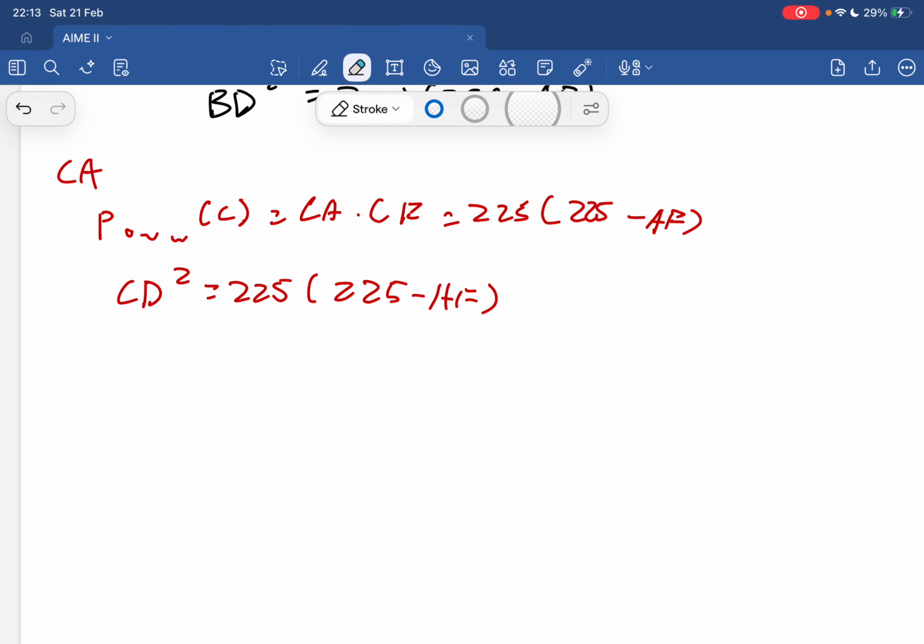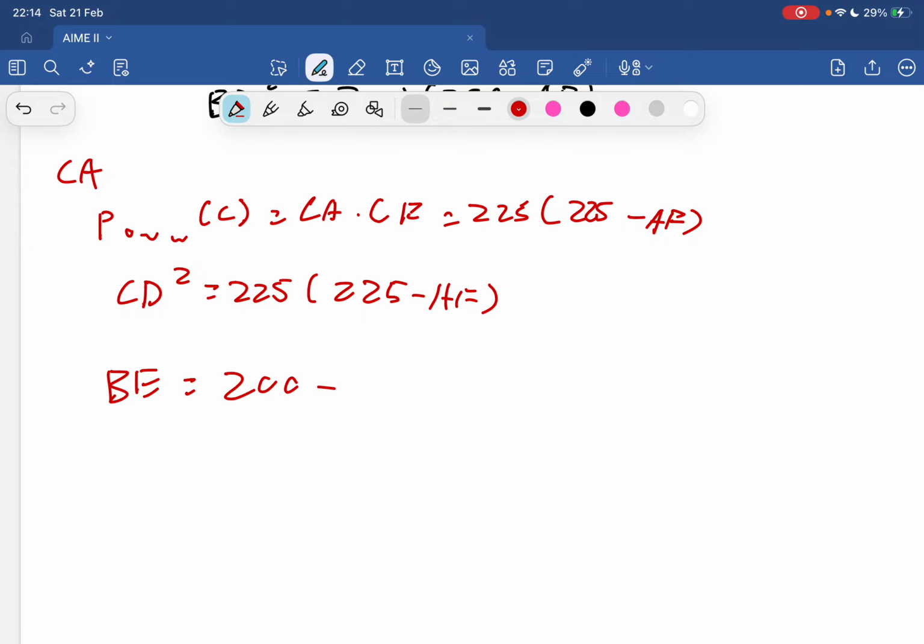Now, let's convert the integrality into square conditions. Let BE equal 200 minus AE. Since AE is a positive integer, BE must be 1, 2, up to 199.